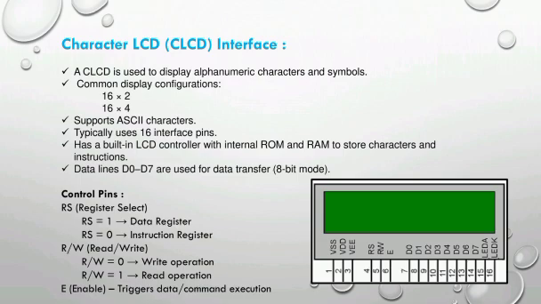The CLCD contains an internal controller with ROM and RAM for storing characters, patterns, and instructions. Data is transferred through data lines, that is D0 to D7, along with control signals like RW, RS, and enable. CLCDs are widely used for user interfaces due to their simplicity and low power consumption.